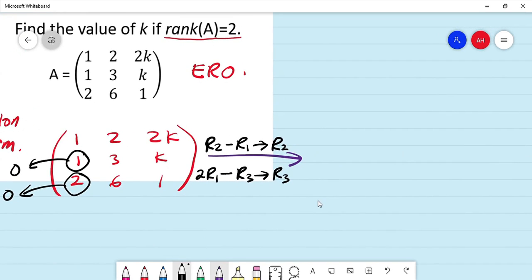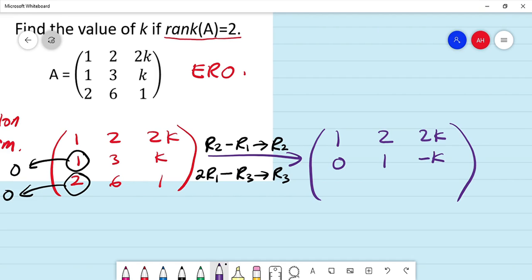Okay, that's our plan. That's our calculation. So row number 1 is still the same. We have 1, 2, and 2k. For row number 2, 1 minus 1 is 0, 3 minus 2 is 1, and k minus 2k is negative k.